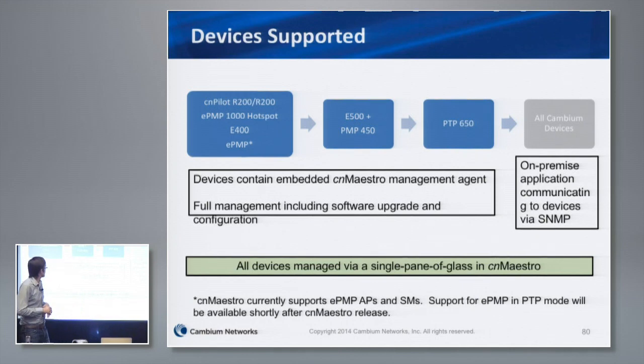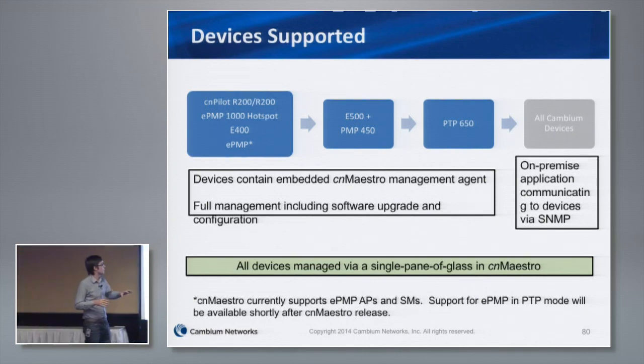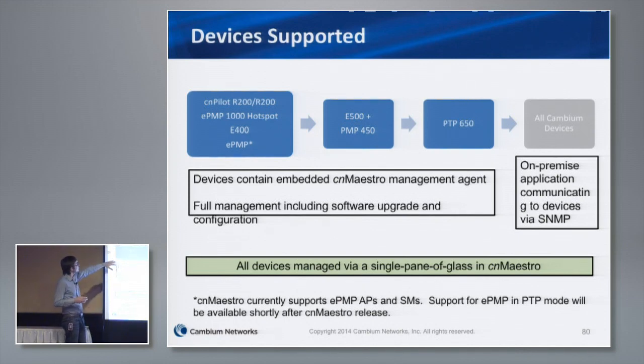Okay, so currently what kind of devices from Cambium are supported by this platform? So it's cnPilot, our Wi-Fi products. It's ePMP, basically it started from ePMP support. Then PMP 450 is coming somewhere next quarter, until the end of this year probably.